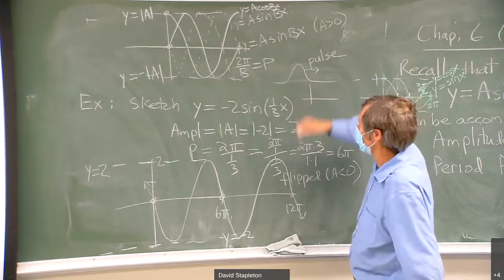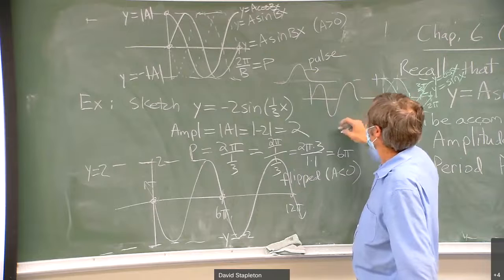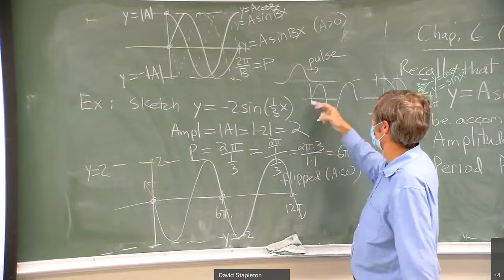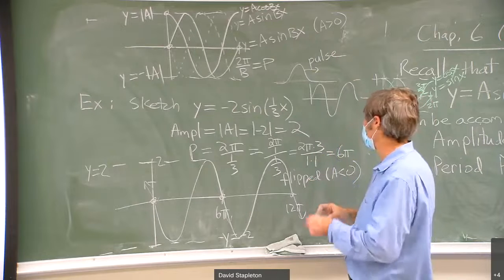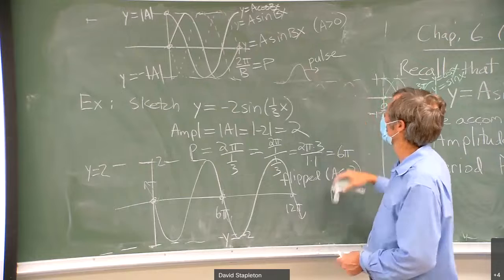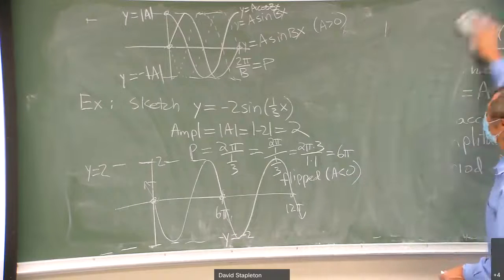If you shake it up and down, up and down, ignoring friction, it could go like this. A wave is something that repeats over and over like that. It doesn't have to be a sine wave, but if it's a sine function that repeats over and over forever, then you call it a sine wave. So a wave is something that repeats forever, where this single bump is a pulse. Just for science purposes, we'll ask you that on the test.